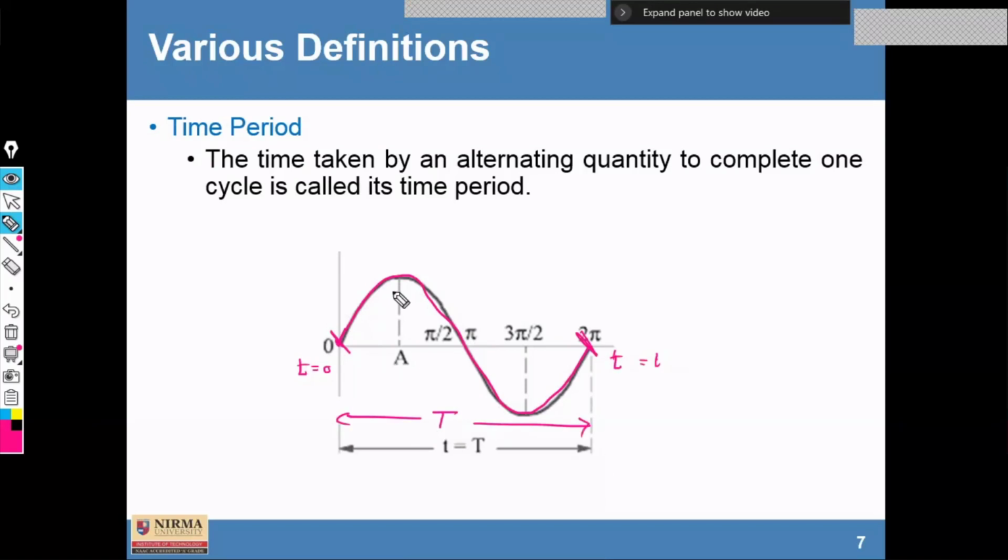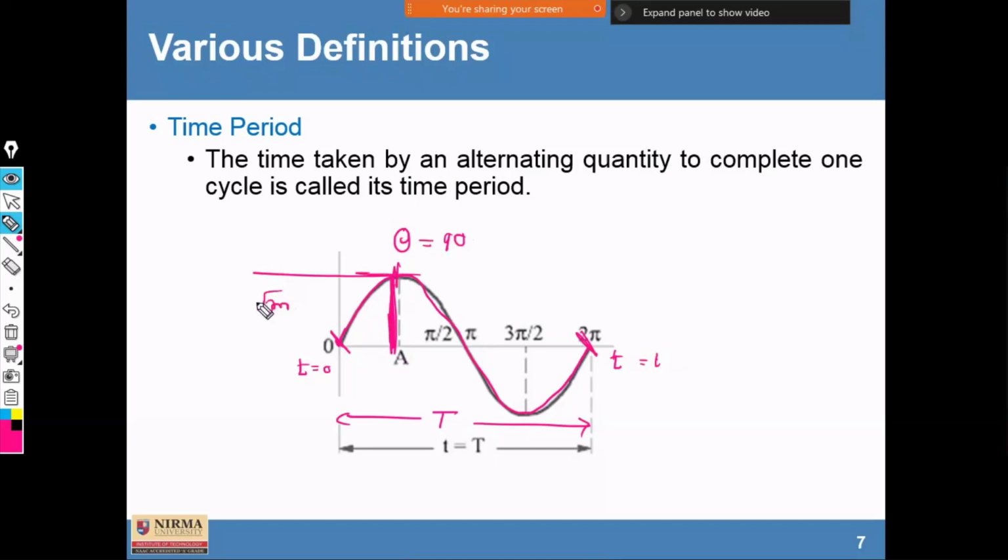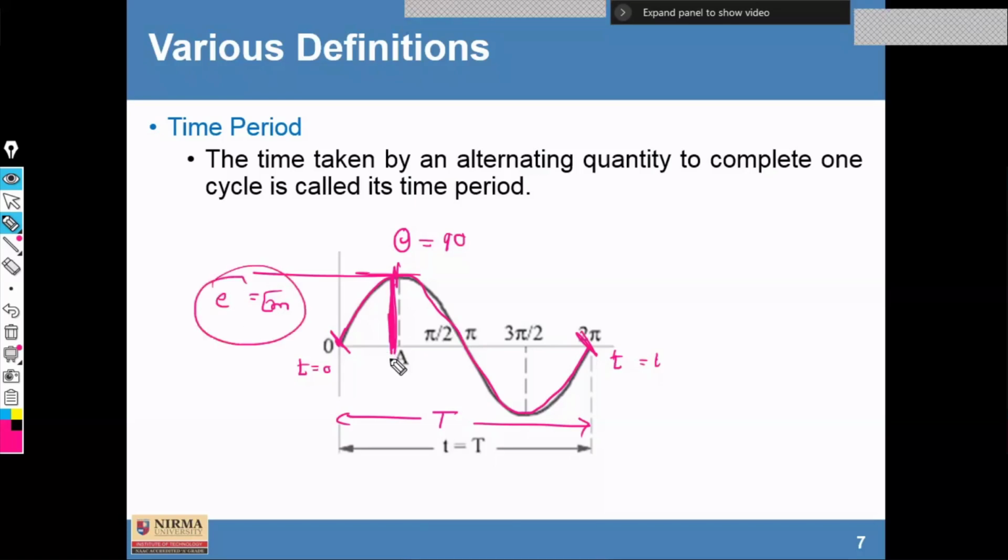Fine. So here we can say at theta equal to 90 degrees, sin 90 is 1, so maximum EMF is induced. And at this maximum value, we can say the time is T by 4. Agreed?